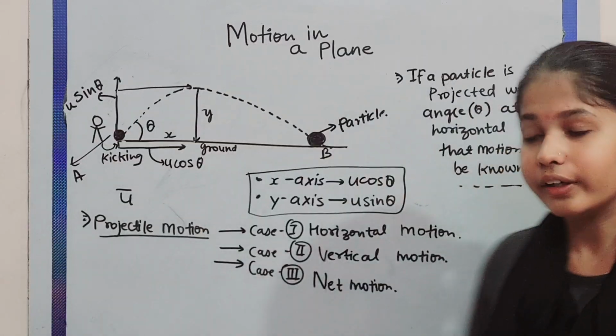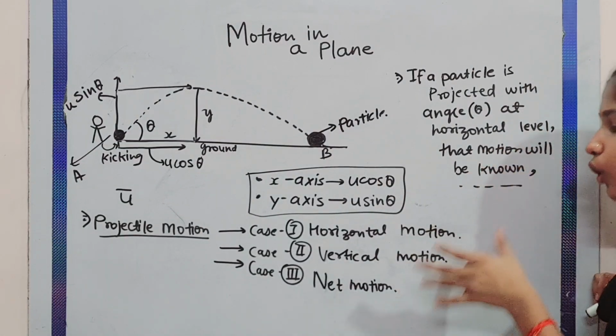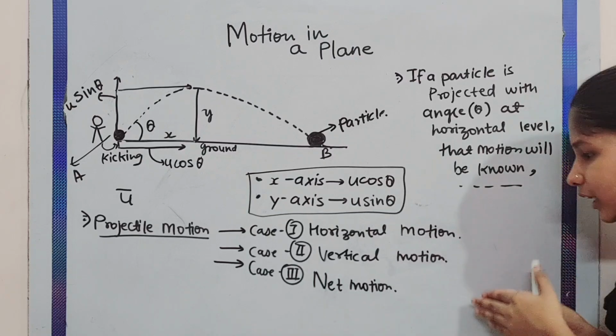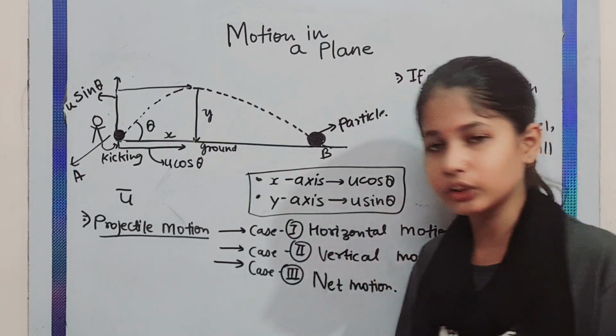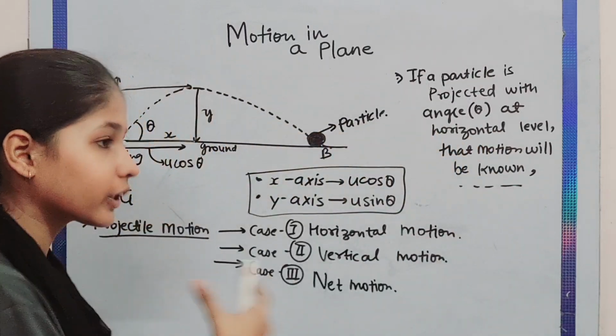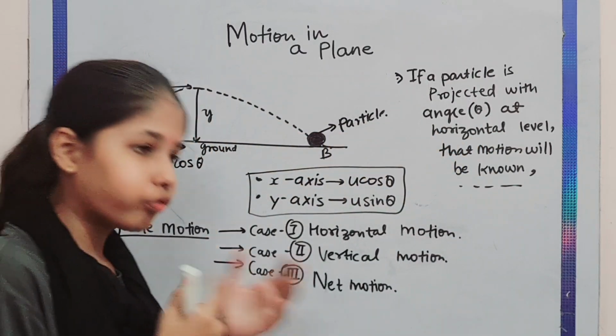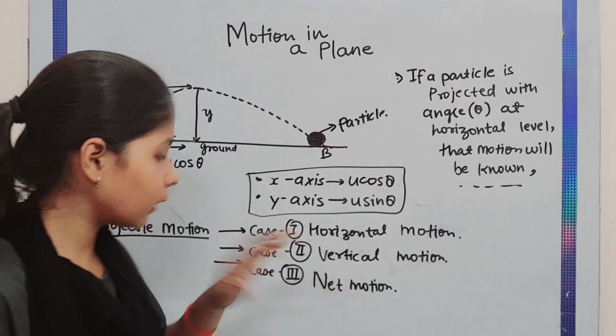Okay. So in our next topic we are going to talk about the horizontal motion, vertical motion, and net motion, and we are going to derive some expressions which can be used to find them.